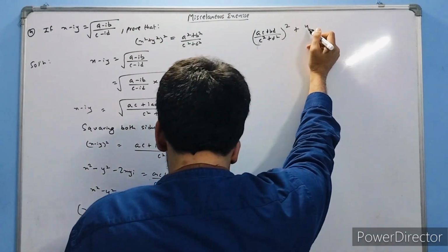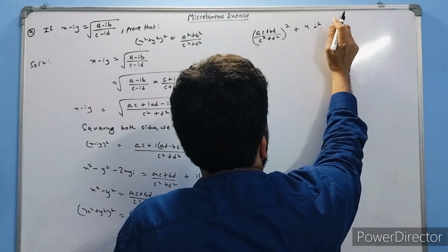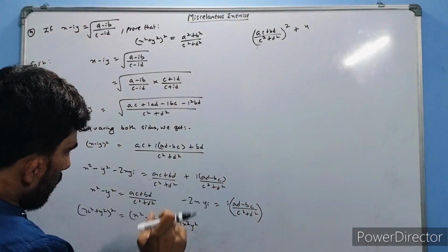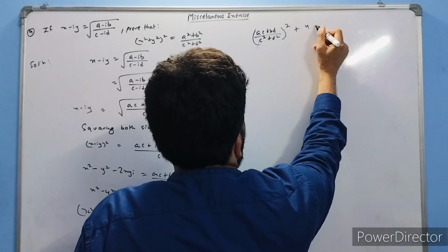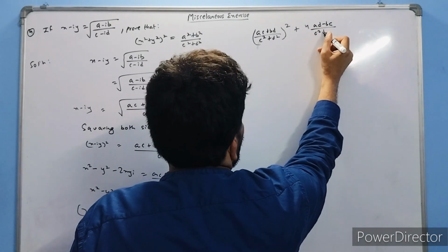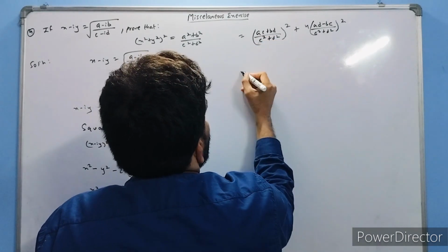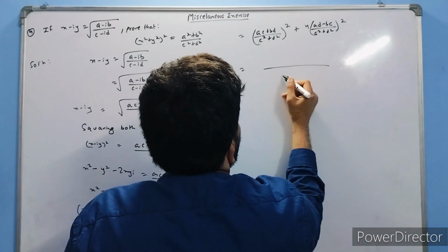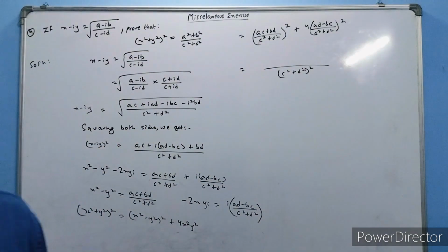So this will be, we got whole square, no? So we'll square this. Now I have just compared this value here. So now we'll try to put the value of this. So we got here ad minus bc upon c square plus d square whole square. Okay, so I have this. So now what we can do here, we'll take the LCM here. So I got c square plus d square whole square. Okay, that we have.